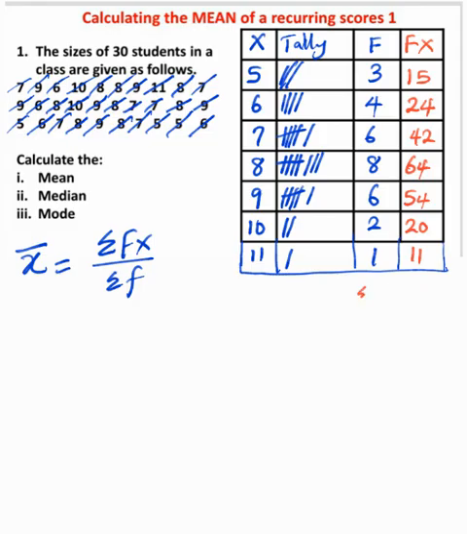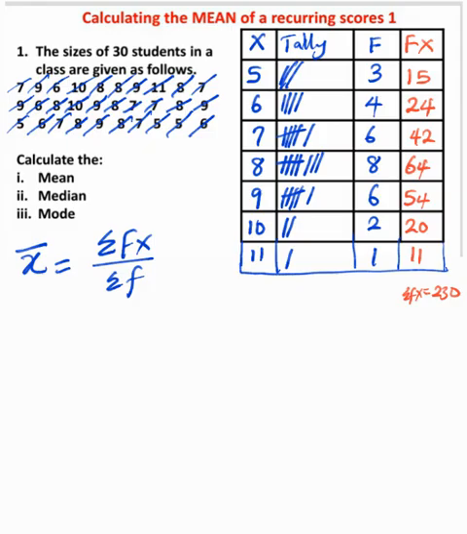Now, summation fx will be equal to, let's calculate that quickly. We have 15 plus 24 plus 42 plus 64 plus 54 plus 20 plus 11, and we're going to have 230.